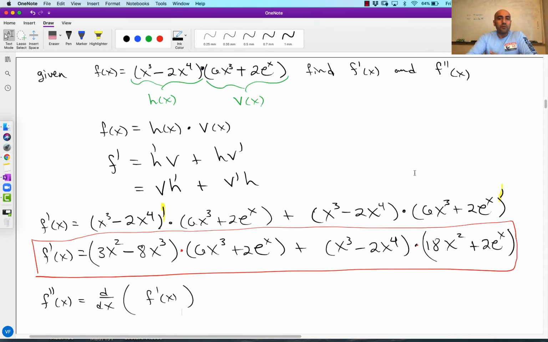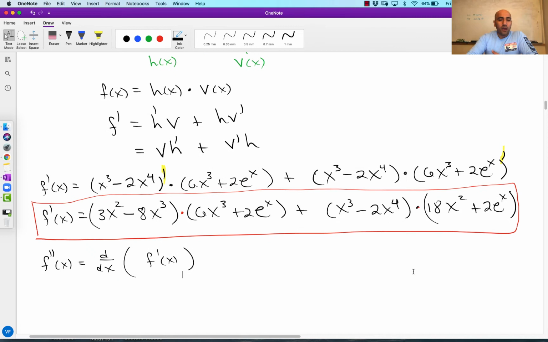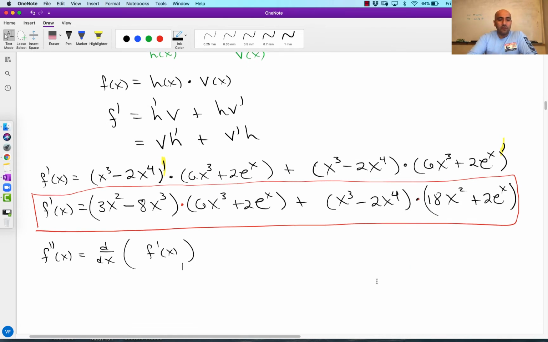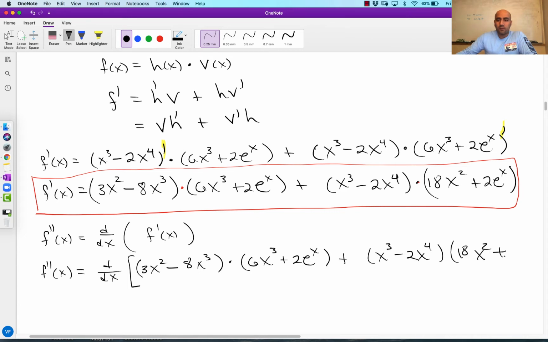The only way we know how to find the second derivative is to work up to it. So you got to find the first derivative first. Okay, so now how do we find the derivative of the derivative? Well, this is going to be equal to, okay, so the derivative with respect to x of the first derivative is this whole thing. And we know that when we have terms, this is 2 terms being multiplied, these are 2 terms being multiplied, separated by an addition.